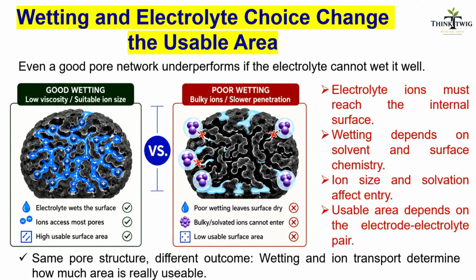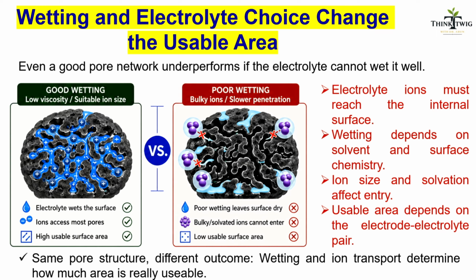Wetting means how well the electrolyte spreads over the electrode and enters the internal pore network. For charge storage, electrolyte ions must contact the carbon surface. Poor contact means poor electrochemical use. Now here is the important point. Wetting does not depend only on the carbon, it depends on the electrode and electrolyte together.